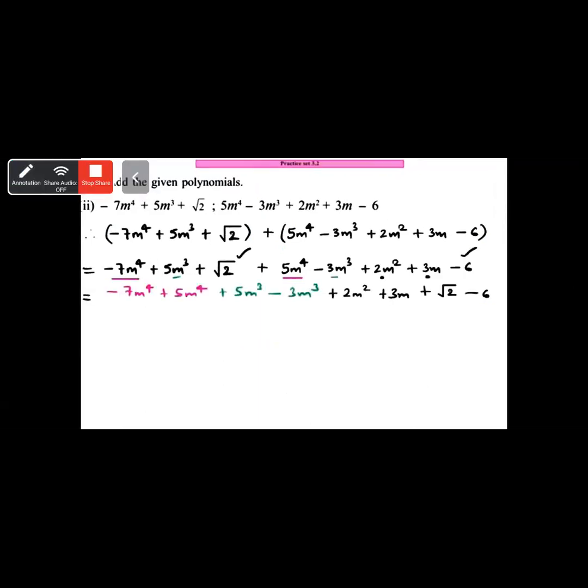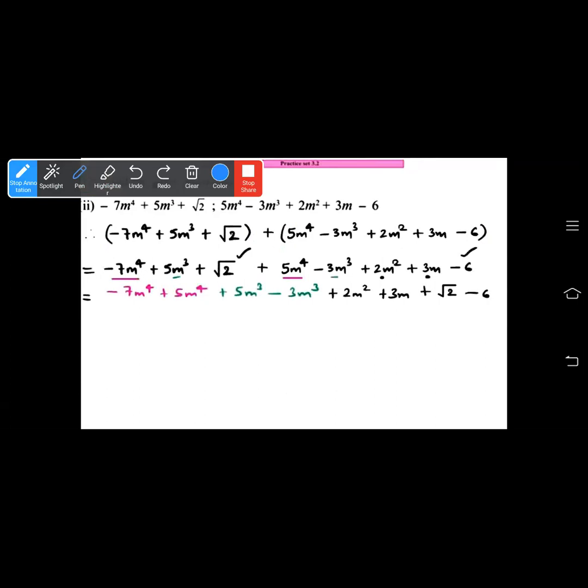Then keep the like terms together: minus 7m raised to 4 plus 5m raised to 4, plus 5m cube minus 3m cube, then 2m square is alone, plus 3m is alone, plus root 2 is there, minus 6 is there. Okay, keep it as it is.